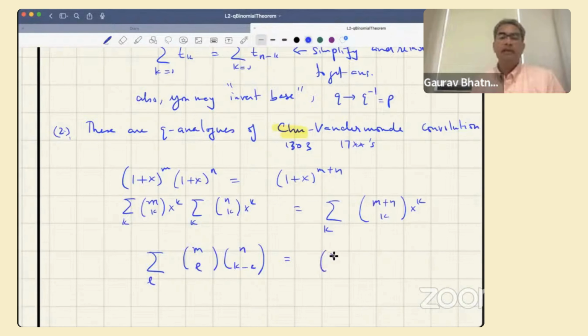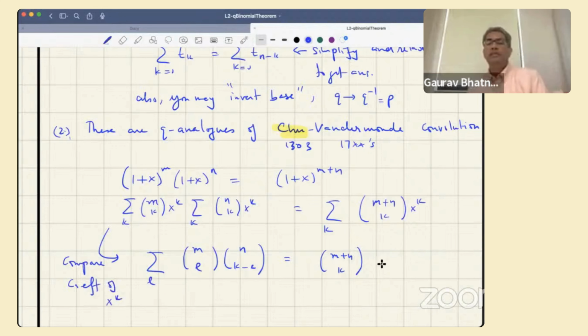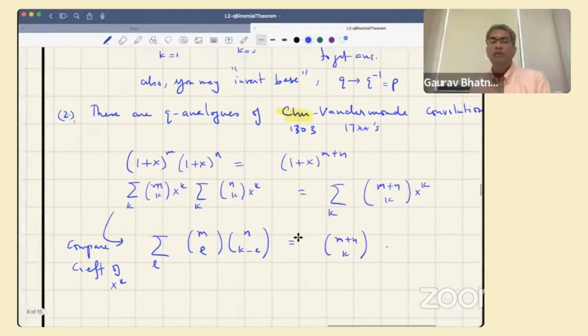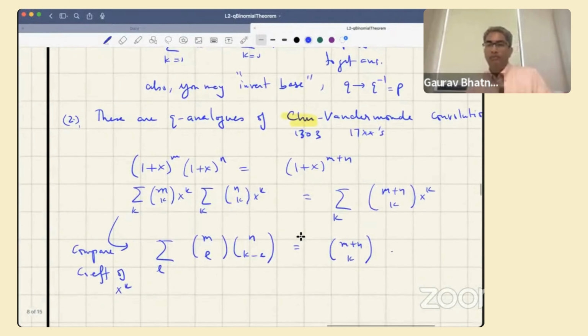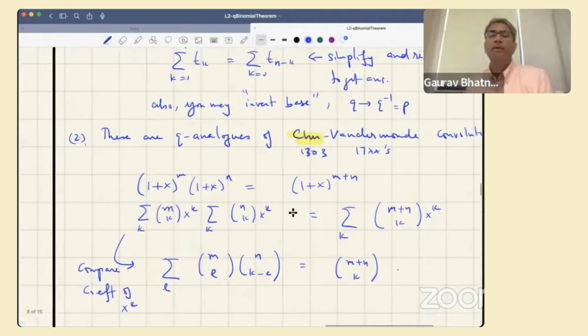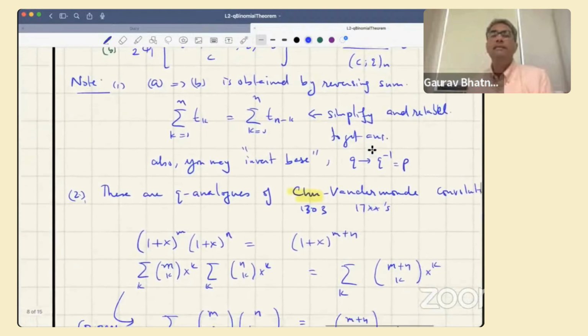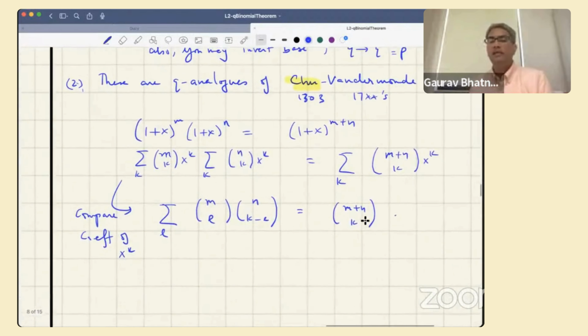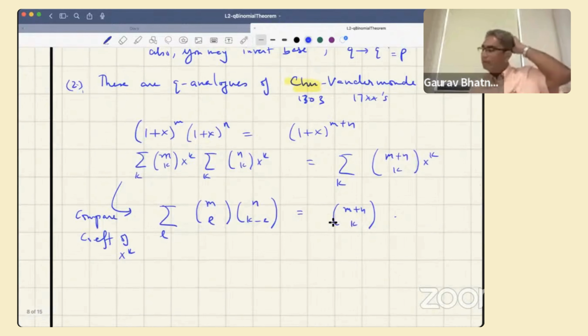Then you will get m plus n choose k. So from here to here, you compare coefficients of x to the k. So this is called q-Vandermonde, and if you write it in hypergeometric form, you will get this identity. So these are actually very classic binomial identities which are very useful.